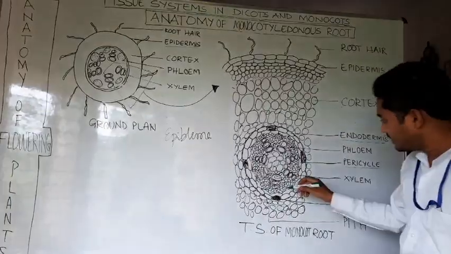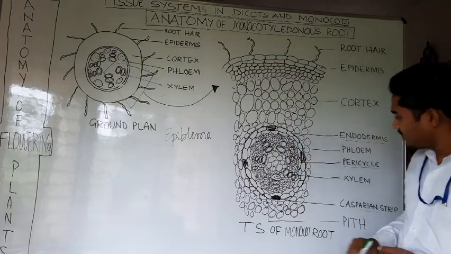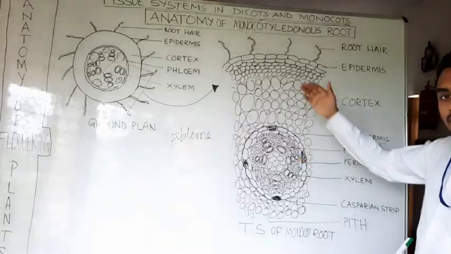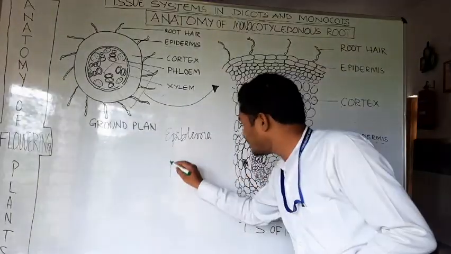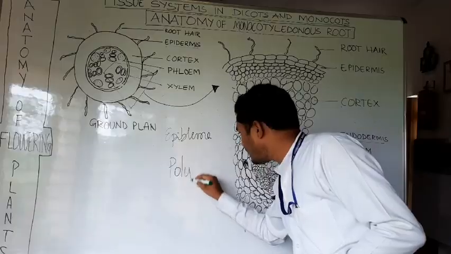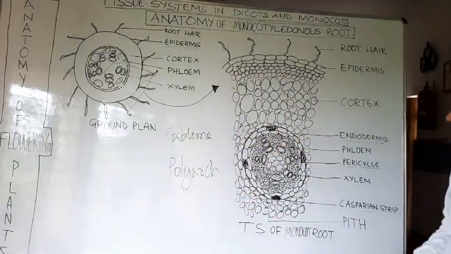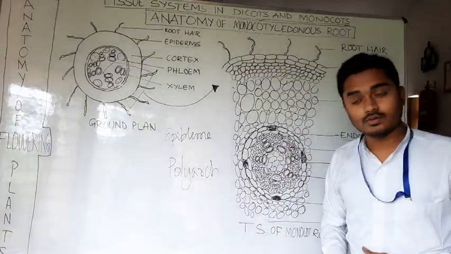So here, see, these are the xylem. Just count 1, 2, 3, 4, 5, 6, 7. So it is beyond 6. So that's why it is known as polyarch. Just remember, it is the polyarch condition, and it is the characteristic of monocotyledonous roots.